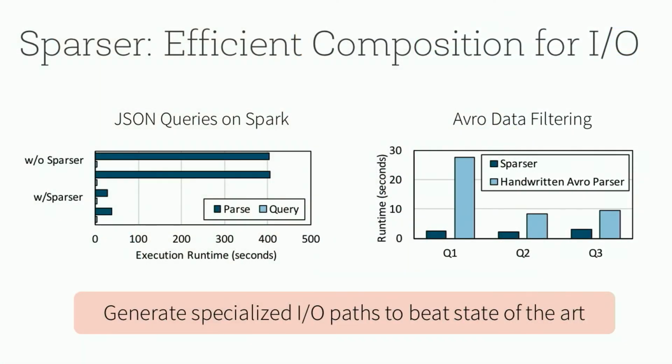And then the final thing I want to just briefly mention is we're also using this approach in other research projects. So for example, similar to the data source idea I showed for Spark, we have a system called Sparser, which generates parsers and I/O paths for your specific query.